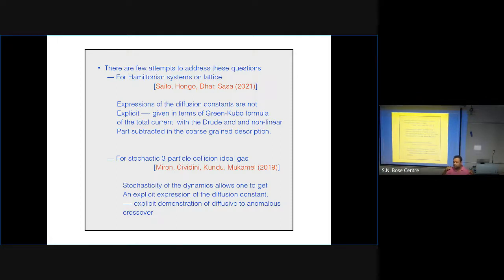For example, kappa depends on the local temperature. But suppose you drive it by TL and TR, and TL minus TR is very small. So kappa at any temperature can be replaced by kappa of T naught. With a very small drive, you will still have diffusive transport, even though kappa depends on temperature. But in this case, you cannot.